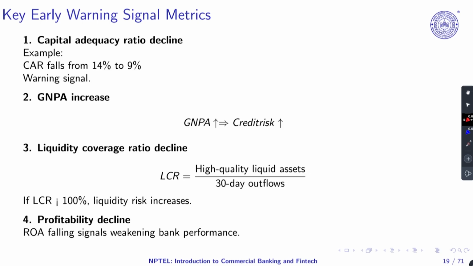Then we have the liquidity coverage ratio declining, which is LCR. We discussed in Basel III, it is part of Basel III, it measures the short term, so 30 days you can think about. So here we have the high quality liquid assets, HQLA, upon the 30 days, whether you have stable funds, how much you are receiving and how much you are having as outflow.